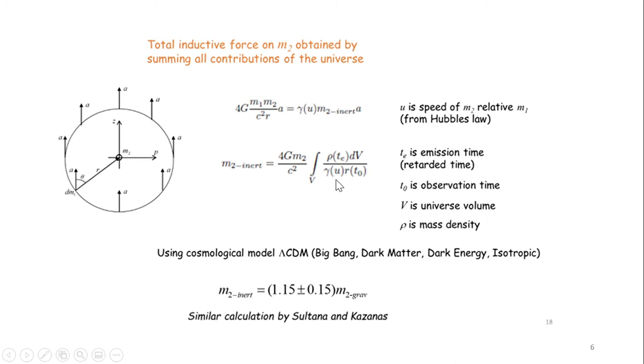This velocity u, I obtained from Hubble's law. So I just multiply this distance with the Hubble constant to get the velocity u. And actually, the velocities that contribute are velocities up to half the speed of light.